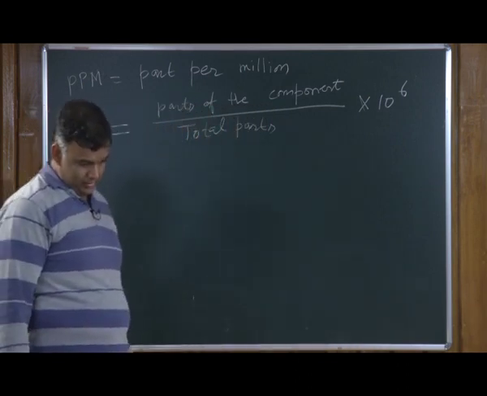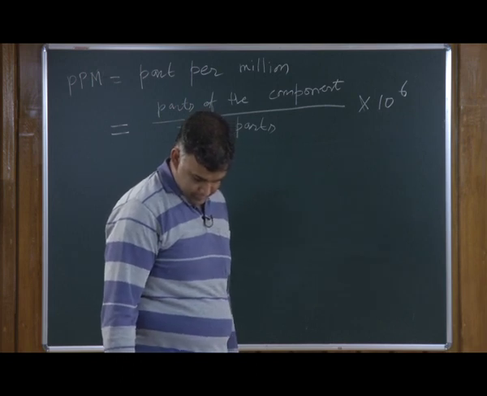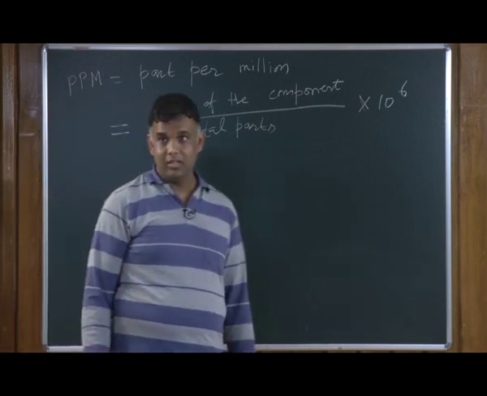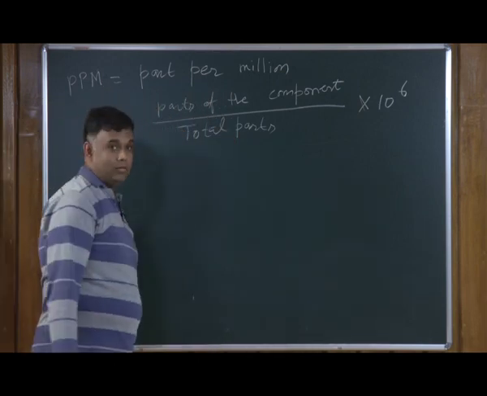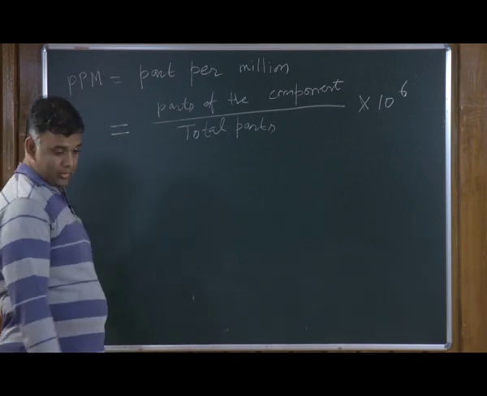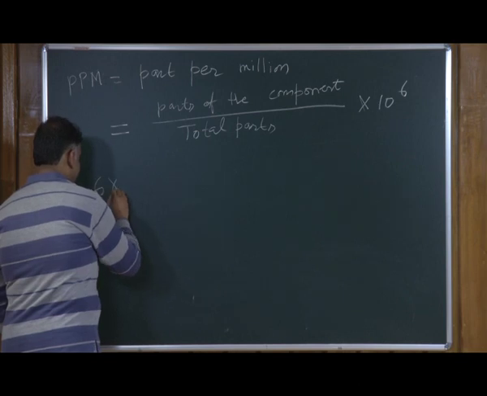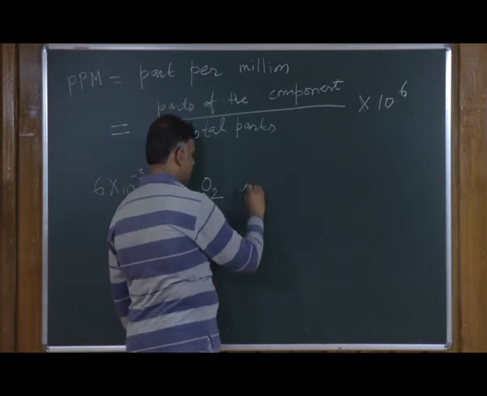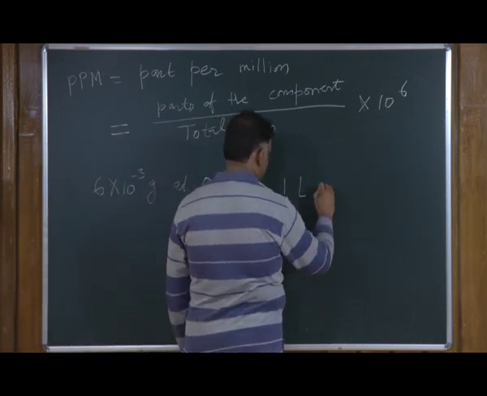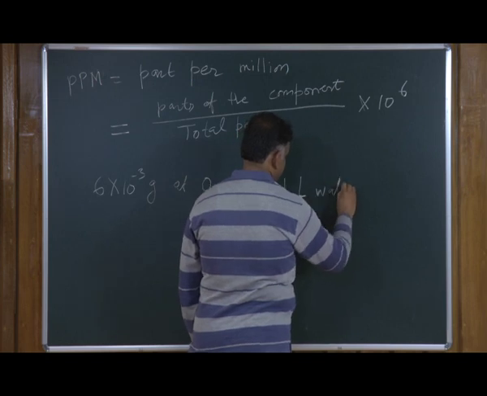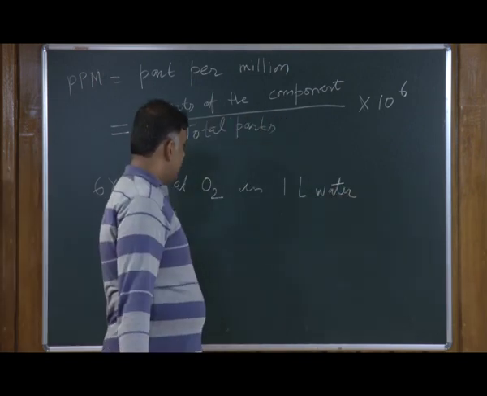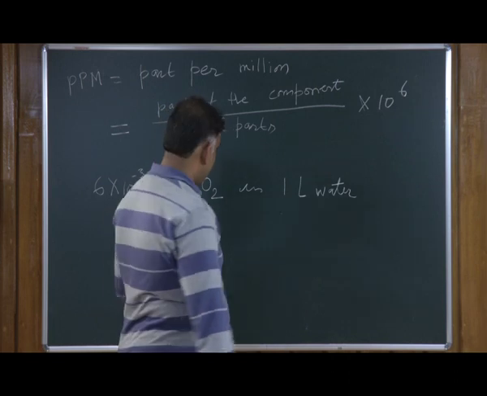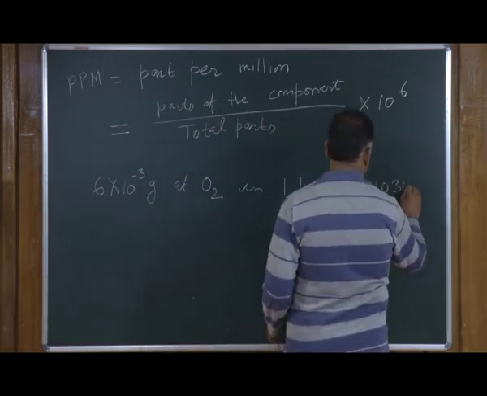So, for an example, in sea water oxygen is usually dissolved, it is there to support the marine life, and we know usually 6 into 10 power minus 3 gram of oxygen is present in 1 liter of sea water. The density of sea water is 1030 gram per liter.